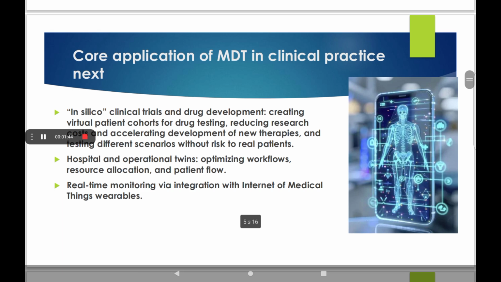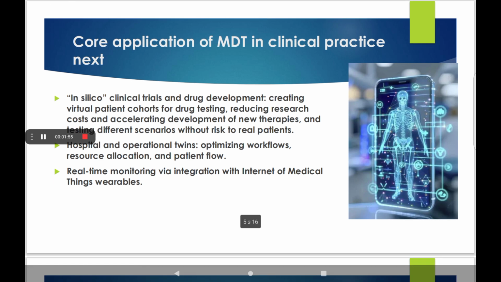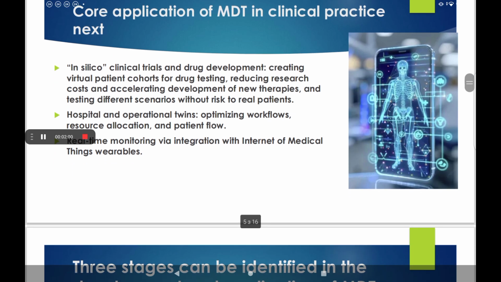In silico clinical trials and drug development, creating virtual patient cohorts for drug testing, reducing research costs and accelerating development of new therapies and testing different scenarios without risk to real patients.